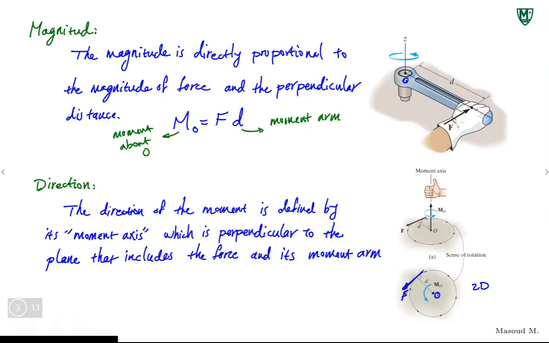So I said in three-dimensional space, think about it as a vector coming out of the plane, depending on which direction your force is and which point you're finding the moment about. In 2D space, just clockwise or counterclockwise direction.